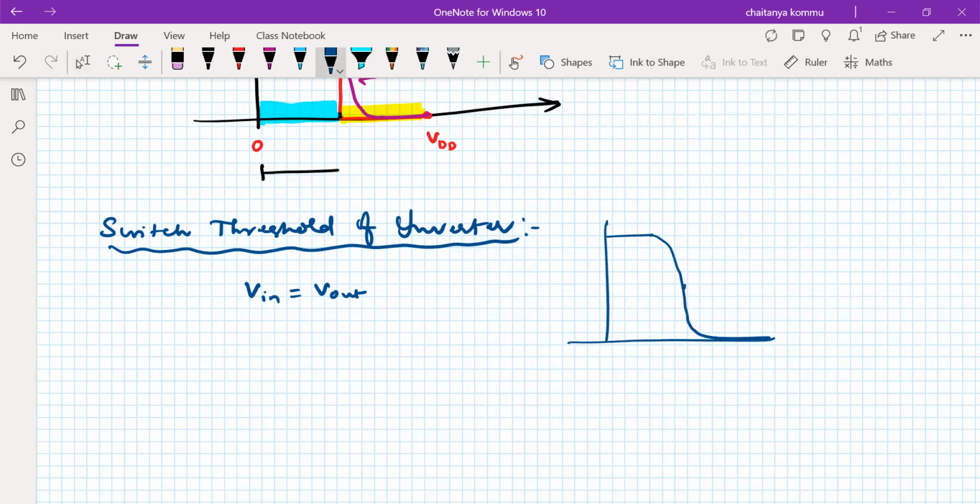This is the point where, from saturation region to saturation region, the maximum current will flow. Am I right? So both the transistors are on at that point of time, and the input voltage is equal to the output voltage. That's what we observe.